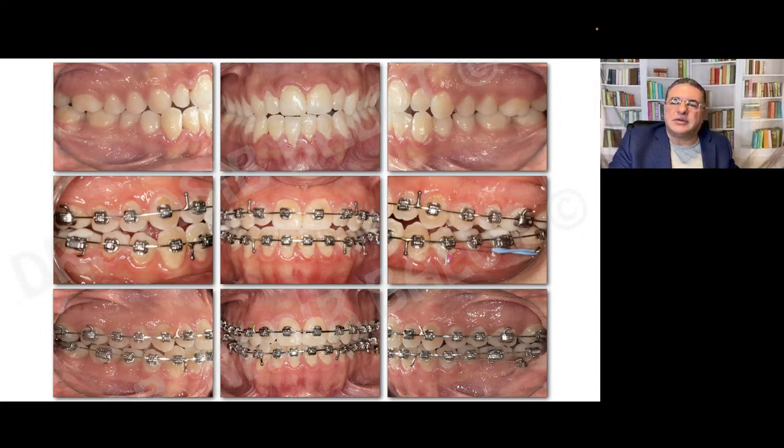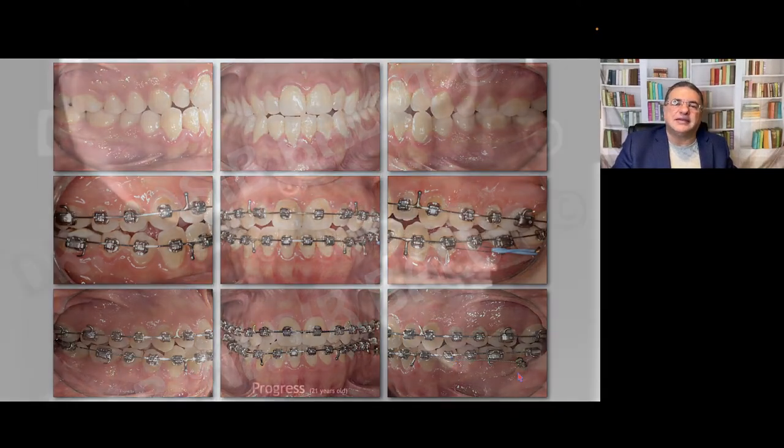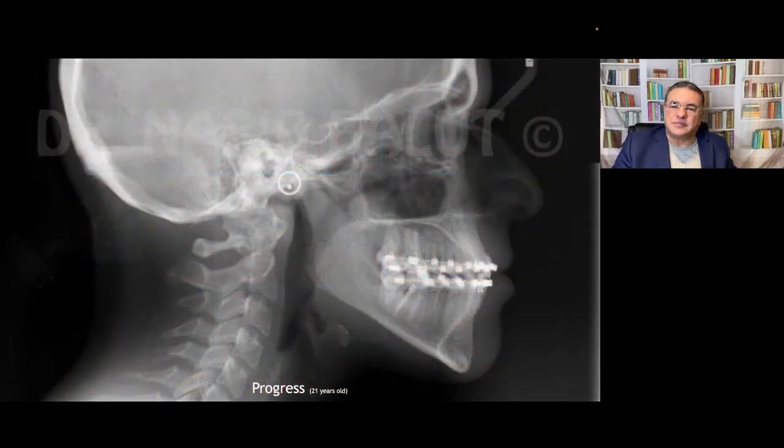Now we can see the distalization, the light distalization on the left quadrant. We have the light class 2. Now we are overcorrecting. And once we get the distalization, I place a fixed ligature wire to the first bicuspid to continue with my mechanics.